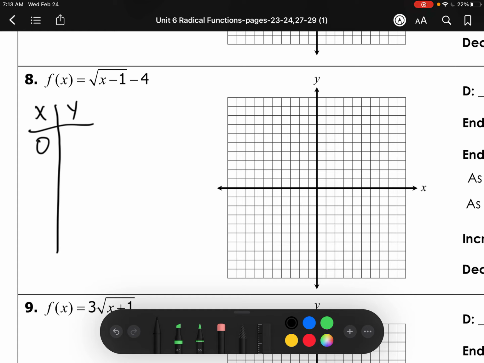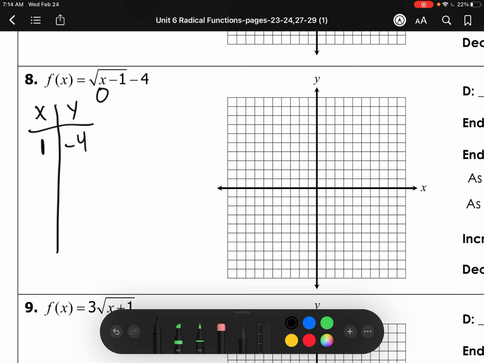So when x is 0, you get 0 minus 1, which is negative 1. So you actually can't do that. So 0 is not going to be your starting point this time. Our starting point is going to be at x equals 1, right? Because when x is 1, you have 1 minus 1, which is the square root of 0, which is 0, minus 4. So y is negative 4.